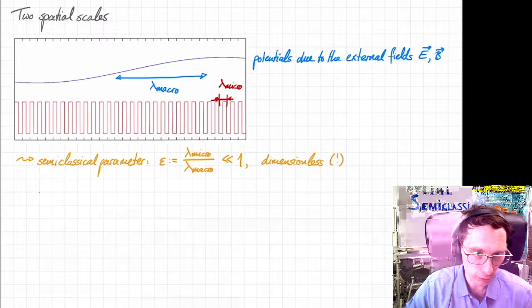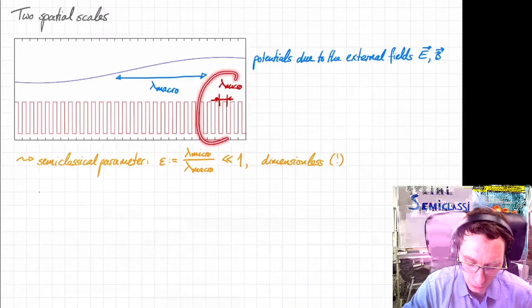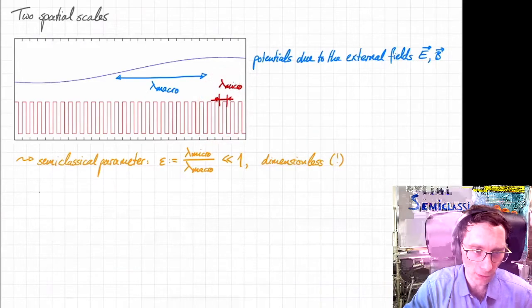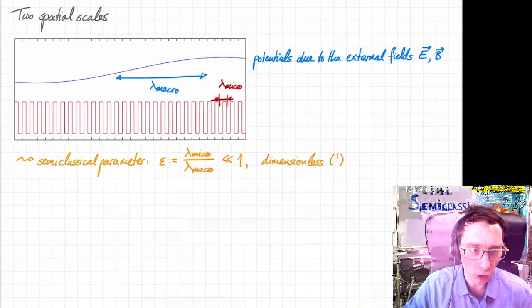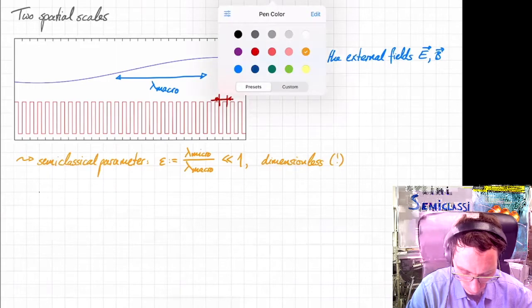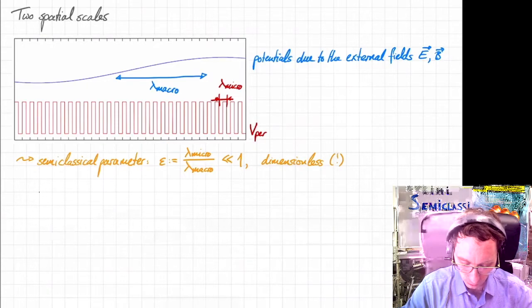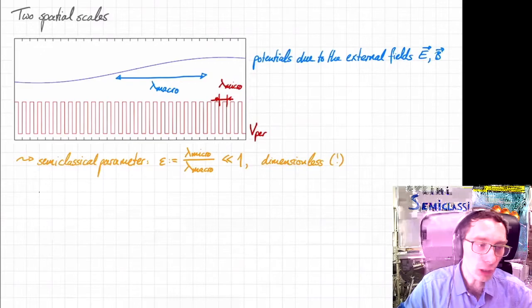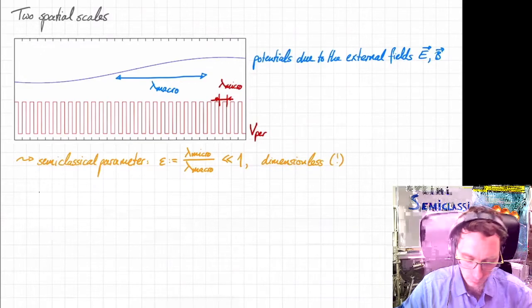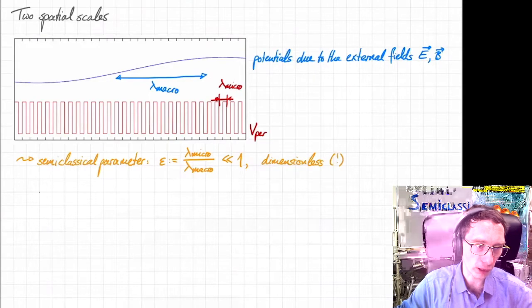This is not a coincidence, because it turns out that you do not need to make any smoothness assumptions on the periodic potential. So this red thing here is the scale of the periodic potential. I should have said this. And this need not be smooth in any way. But the external fields and potentials have to be.